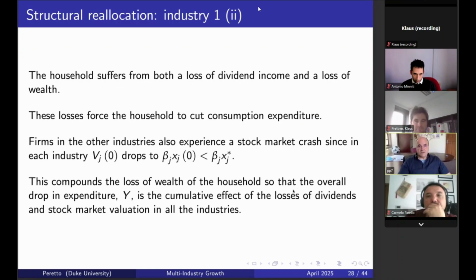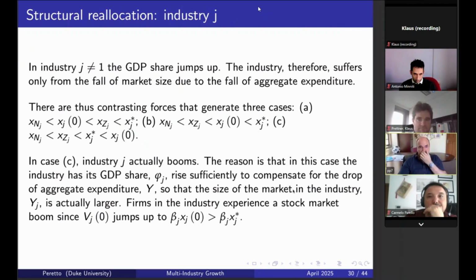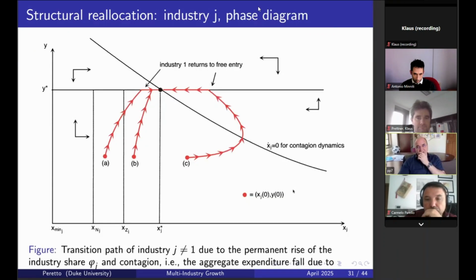All right, now, I told you the concept of what is this industry that experiences a boom? Well, this is an industry that, for example, when there is the structural change due to the change in expenditure share, with expenditure share of industry one going down, this could be the industry that benefits from a sufficiently large increase in their expenditure share.